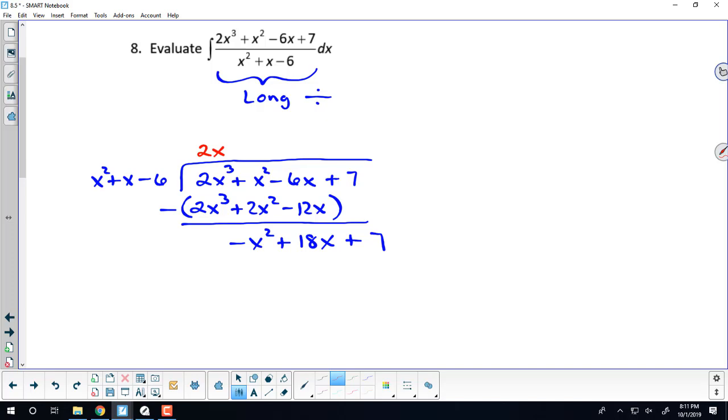Oh yeah, thank you. 6x plus 7. Okay. x squared and negative x squared, so we need a negative 1. Negative x squared. Negative x. Positive 6.